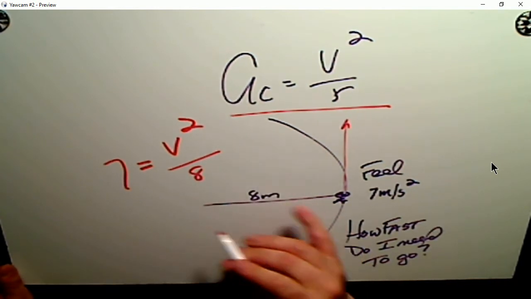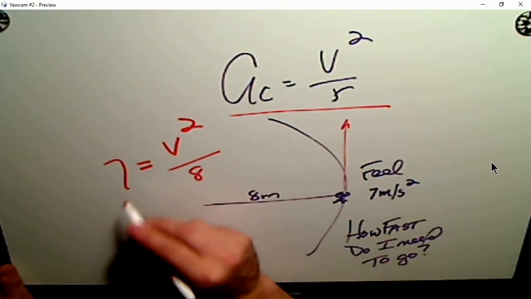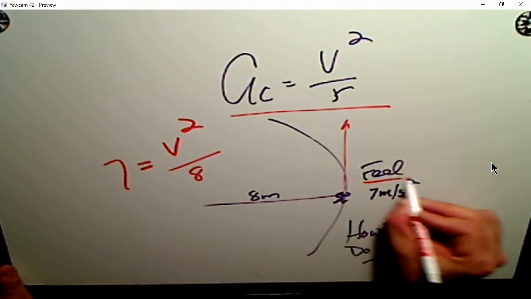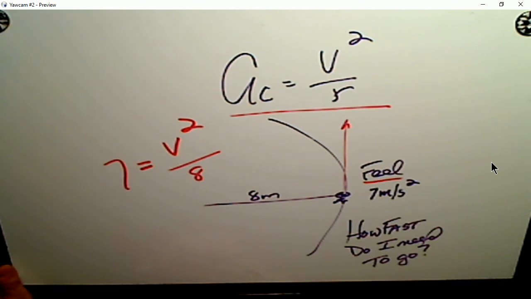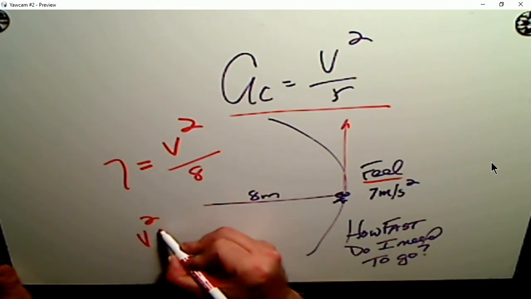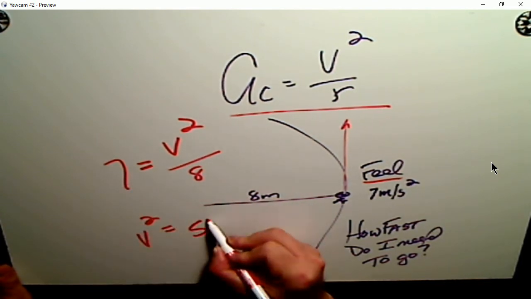So to get 7 meters per second squared feel on this edge, I simply have v squared equal to 56.